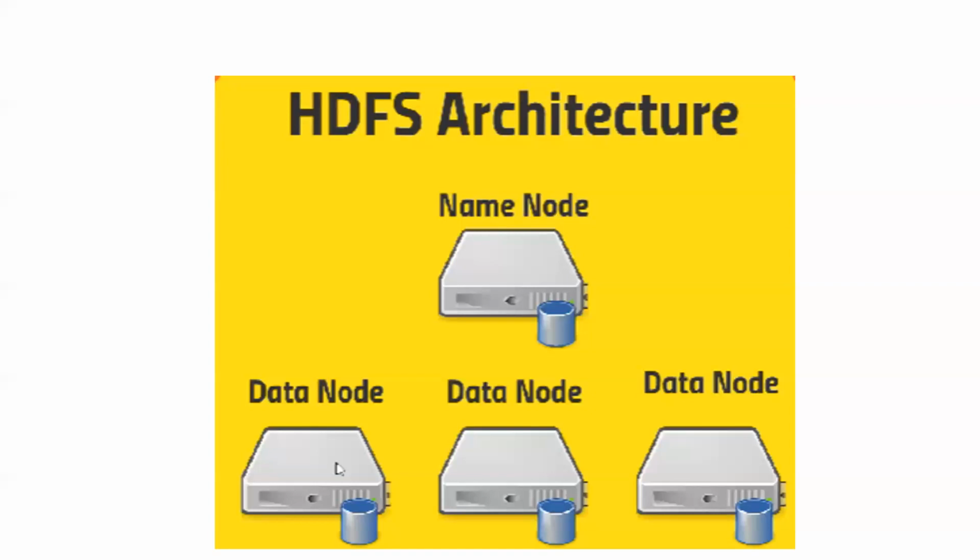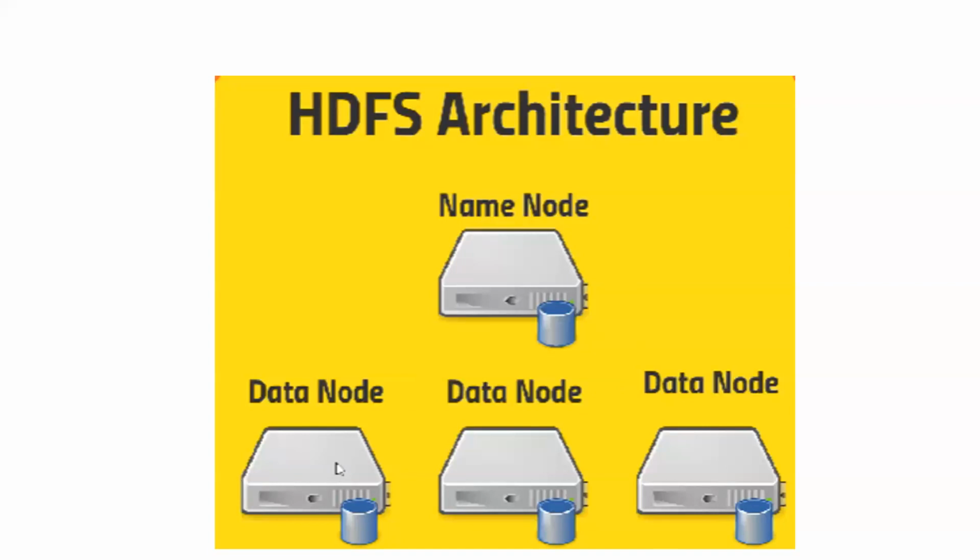The copy that was stored in the first data node is also distributed to some other data nodes, as part of the disaster recovery process. I told you earlier that we divide the big file into small chunks and store each chunk in each data node.